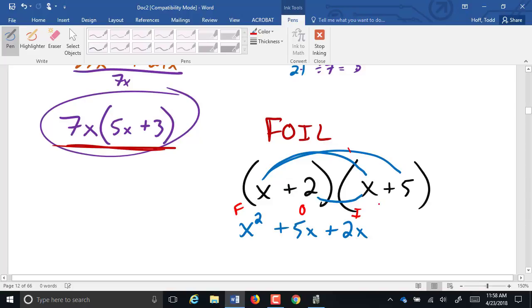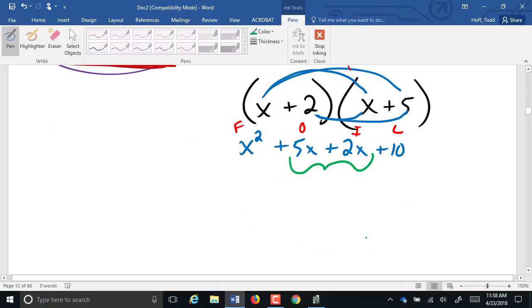So that's I from the inside. Next, we're going to do the last. The last two digits, 2 times 5 is 10. Now we have to combine the 5X and the 2X because they have the same name. They're like terms. So we have X squared plus 5X plus 2X is 7X plus 10.